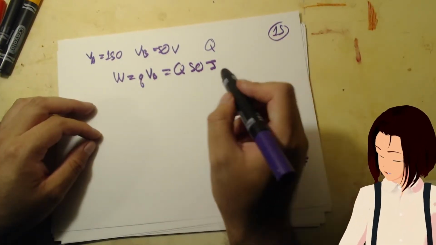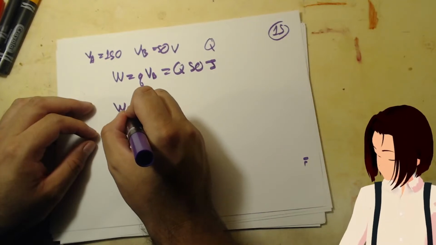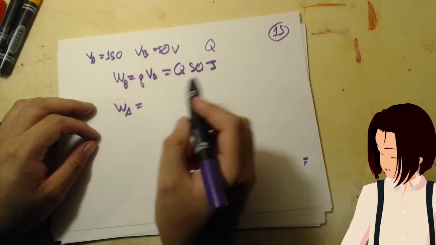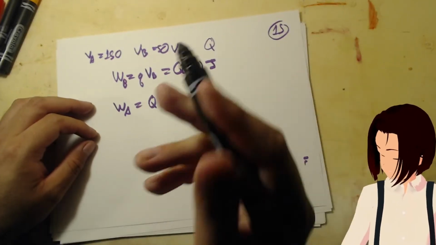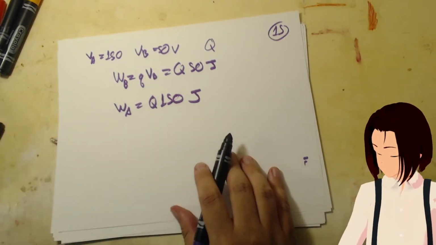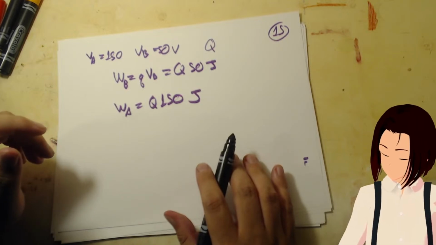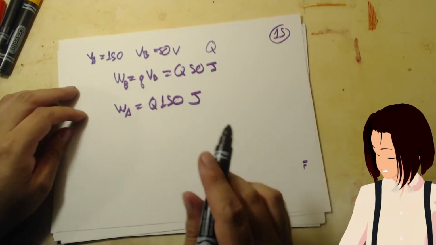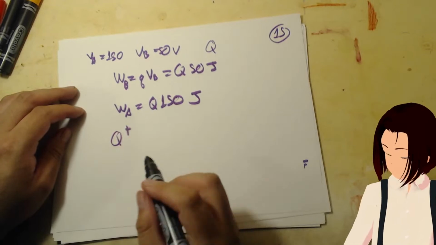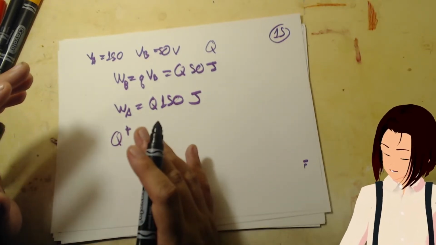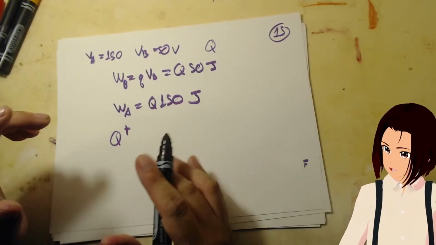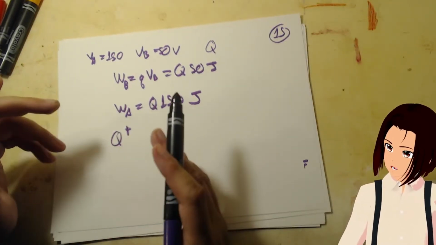This is for B, and for A it would be that. If Q is positive and we're at A, it wants to go to B because B is a lower potential.